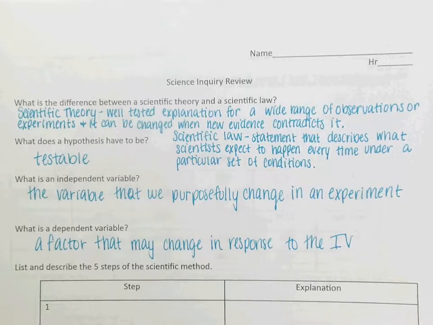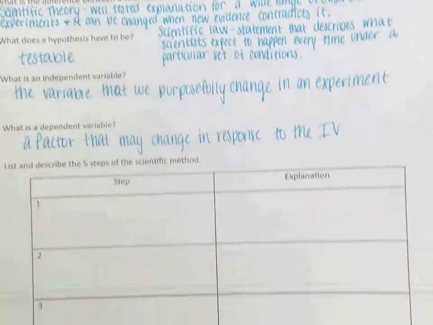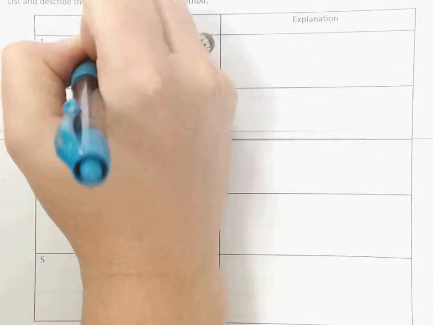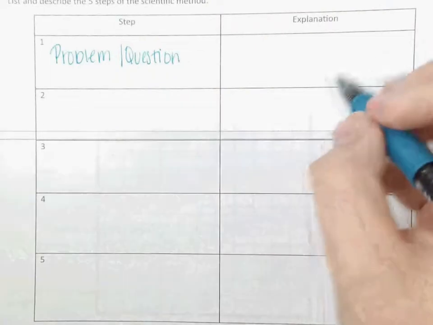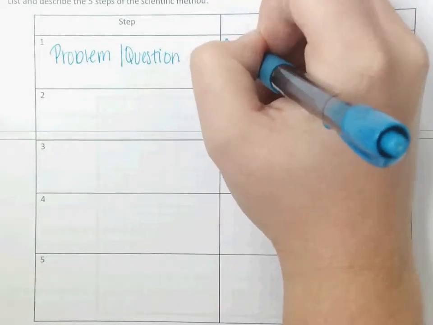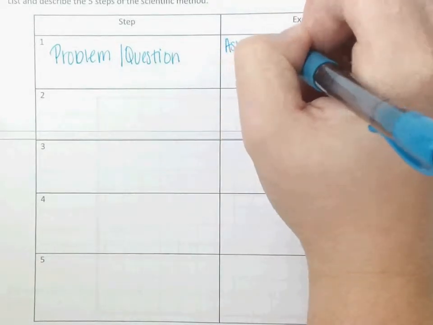So now we have the 5 steps of the scientific method. Step number 1 is our problem or our question, whichever way you want to put it, I am fine with. And this is where we ask a question about something we observe.